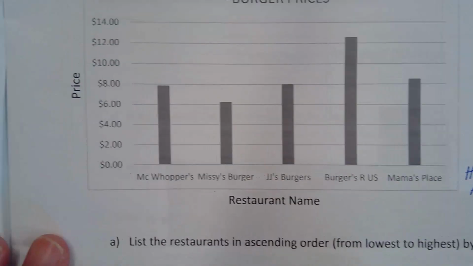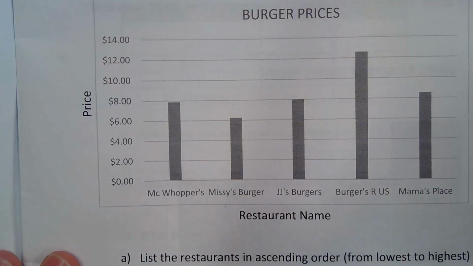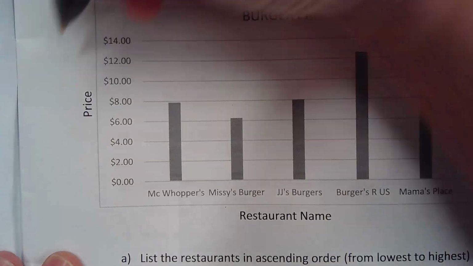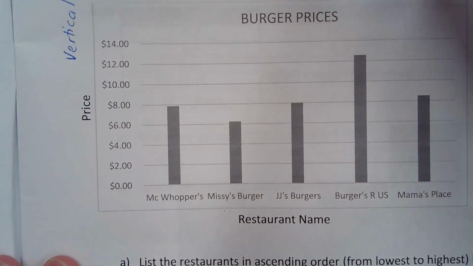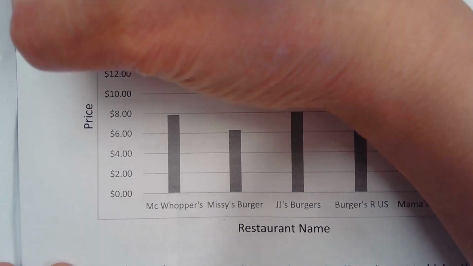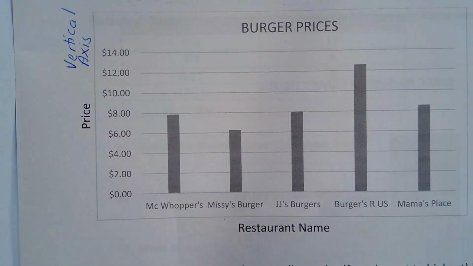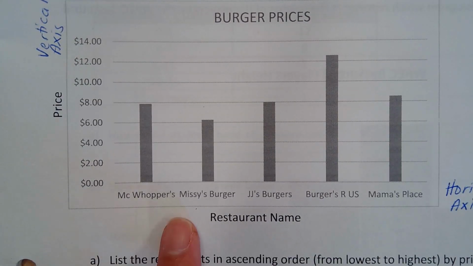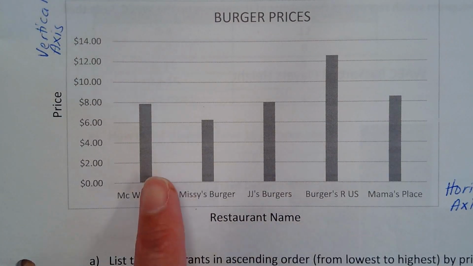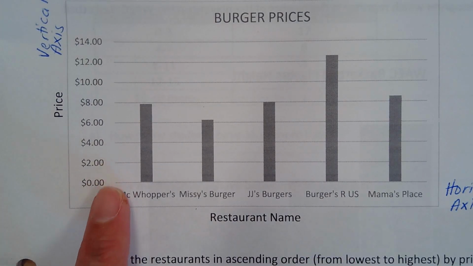And then the one that's going up and down is called the vertical axis. The ones that are going up and down. So as you can see, the horizontal axis has the restaurant names, and the vertical axis has the prices.